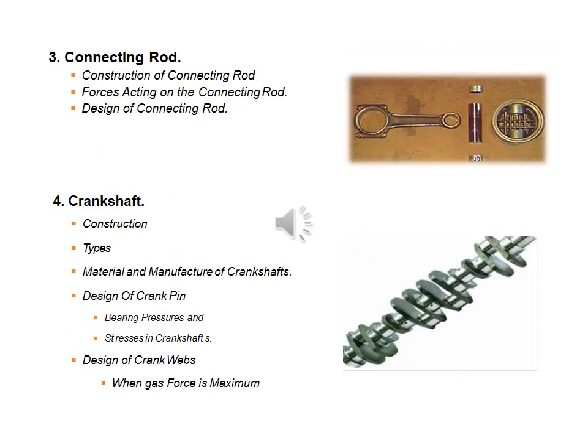Another important part is the connecting rod. The connecting rod is the intermediate member between the piston and the crankshaft. Its main function is to transmit the push and pull from the piston pin to the crank pin and convert the reciprocating motion of the piston into the rotary motion of the crank.